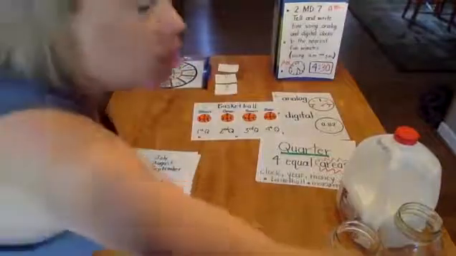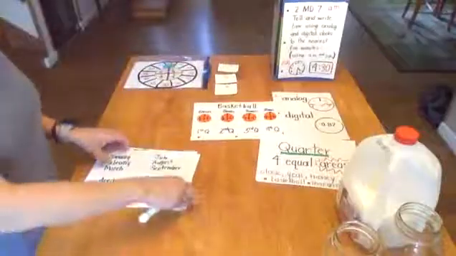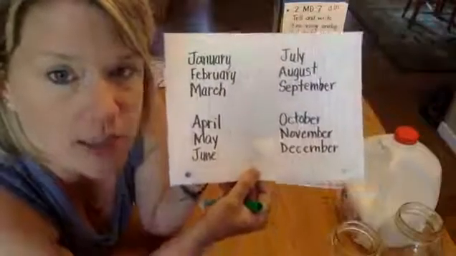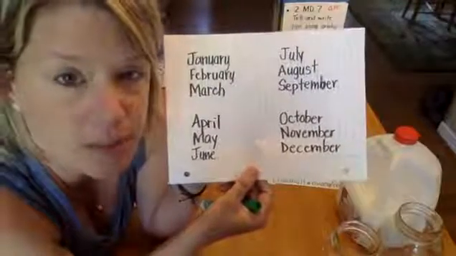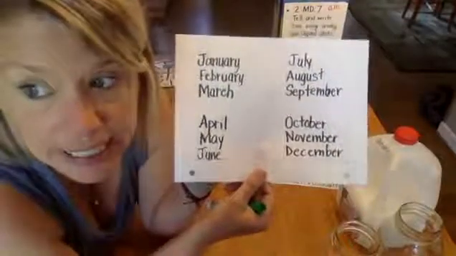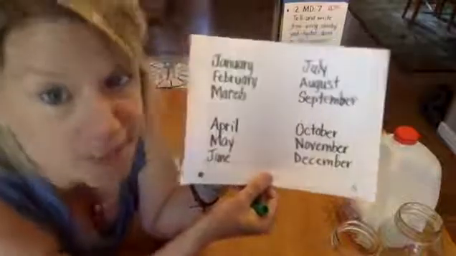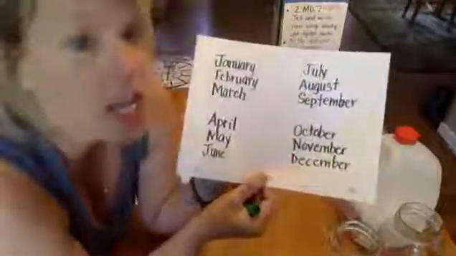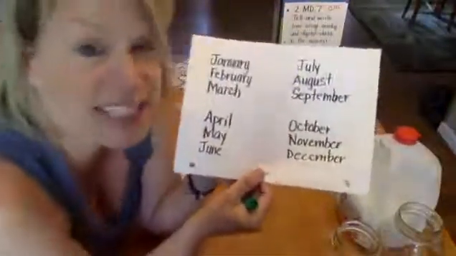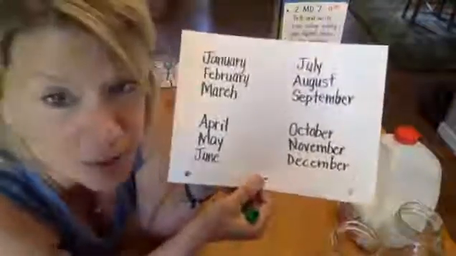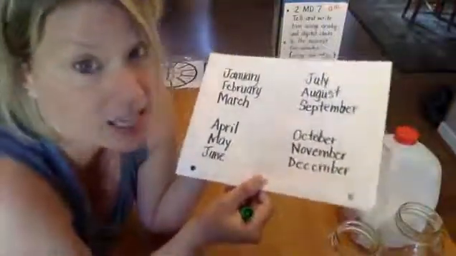Oh, this one's fun. School, or the year, is in 4 quarters. It makes me want to sing Dr. Jean. January, February, March, April, May, June, July, August, September, October, November, December, 12 months in the year.